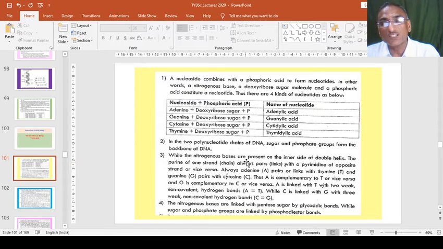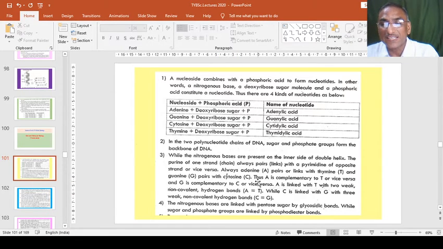While the nitrogenous bases like adenine, guanine, and cytosine are present on the inner side of the double helix, the purine of one strand always pairs with the pyrimidine of the opposite strand, or vice versa. Always adenine links with thymine and guanine links with cytosine, meaning AT and CG are the pairs.